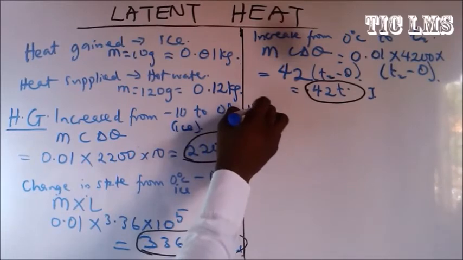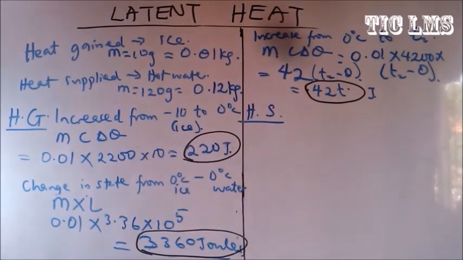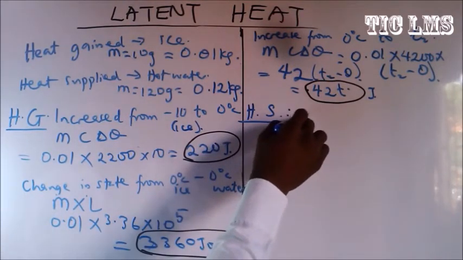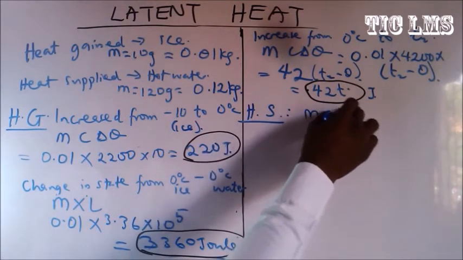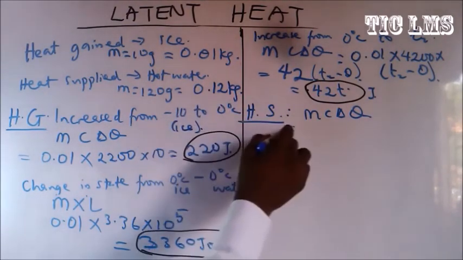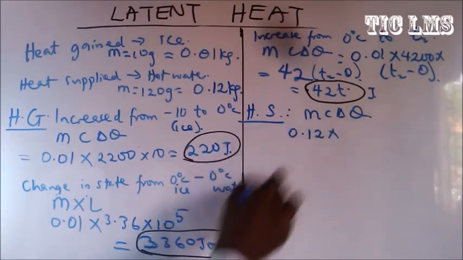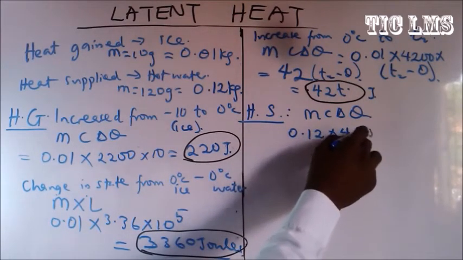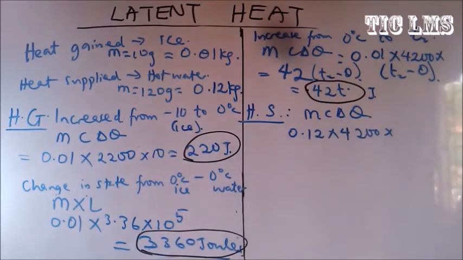Now what about the heat supplied? Heat was supplied by the hot water. The quantity of heat supplied is also mc change in temperature, where we consider the mass of water, 0.12, multiplied by the specific heat capacity of water, which is 4,200, times the change in temperature.